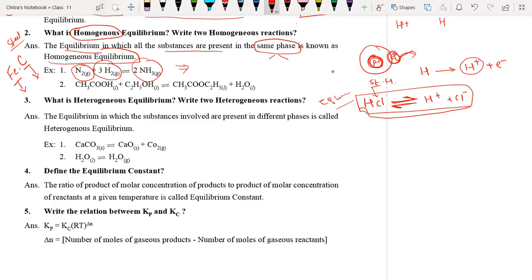In the second example also, here we have ethanoic acid, also called acetic acid, reacting with ethanol, which is alcohol. We know that when acid reacts with alcohol it gives ester, beta, ester. Its name is ethyl ethanoate.